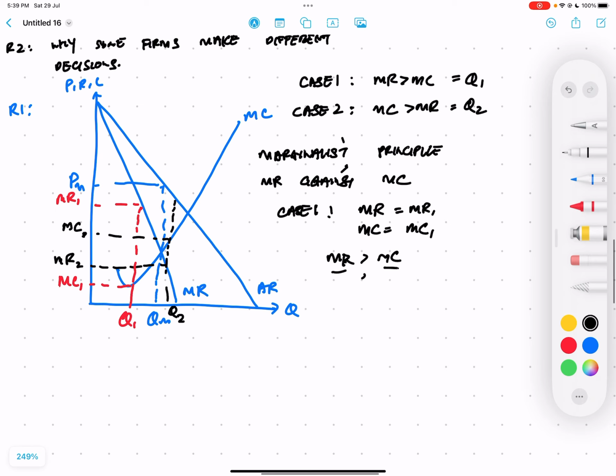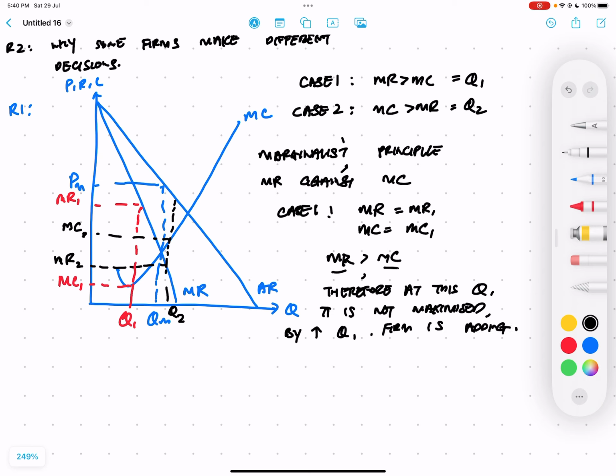Therefore at this quantity, profit is not maximized. The reason is that by increasing quantity, the firm is adding more to revenue than to cost, and therefore it can increase profits by increasing quantity.